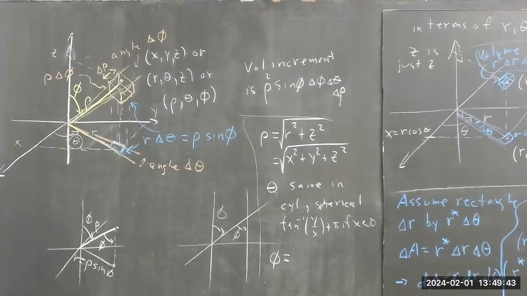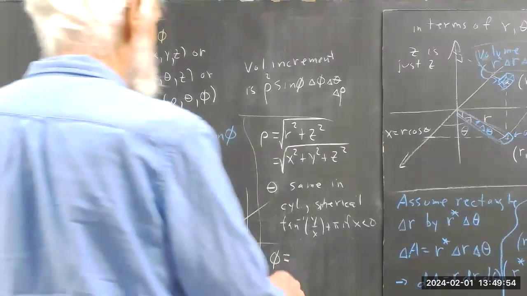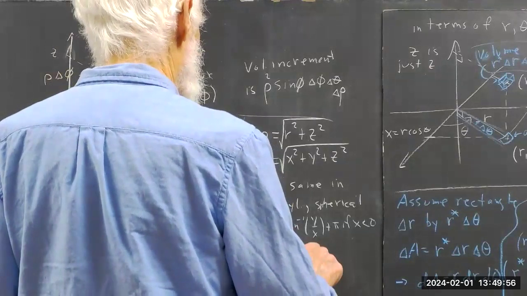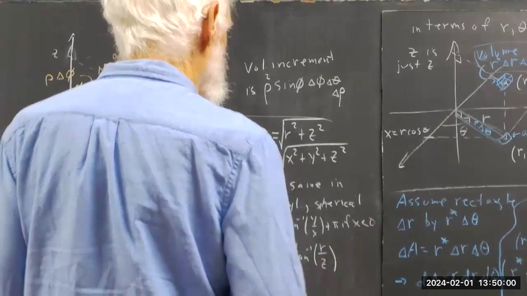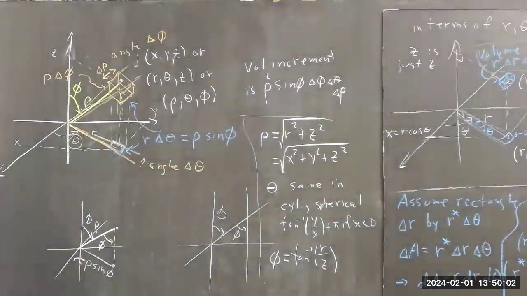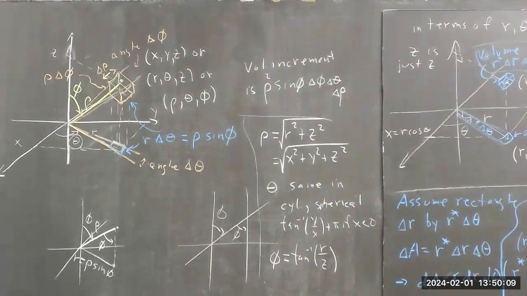It looks like just the arctangent of the opposite over the adjacent, arctangent of r over z.